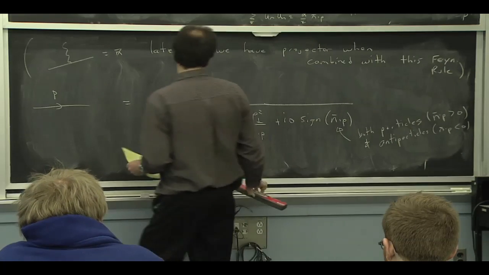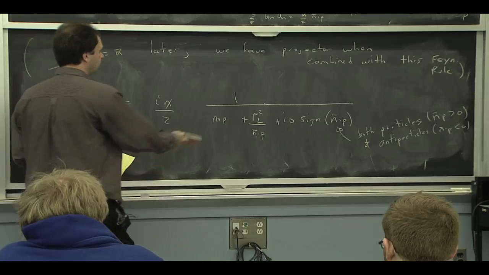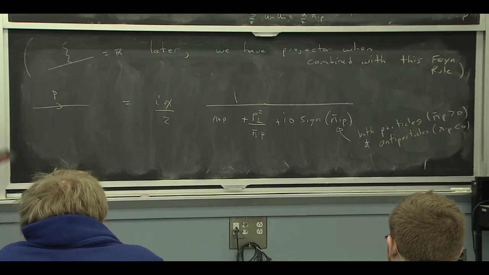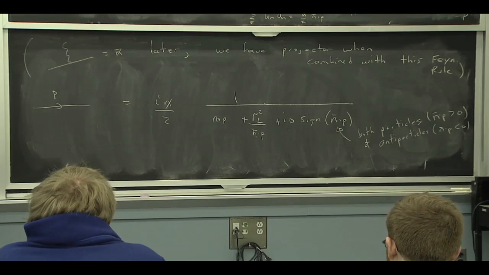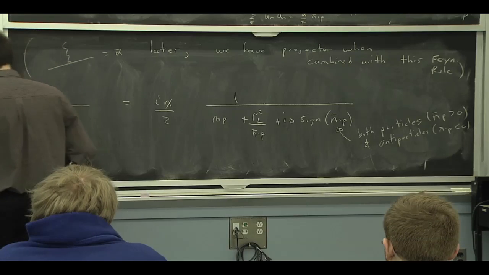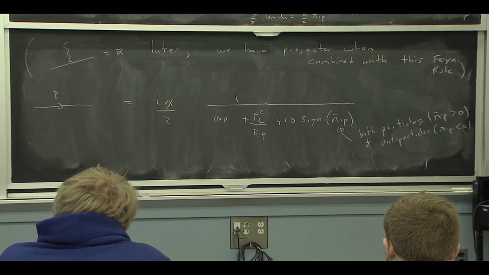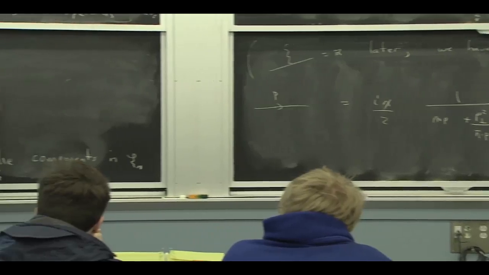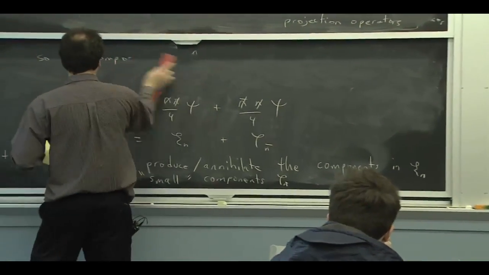And if we wanted to think about particles and antiparticles separately, then we could have a definite sign for the i0s. But if we want to think about them in a combined propagator, then we have to write it this way.